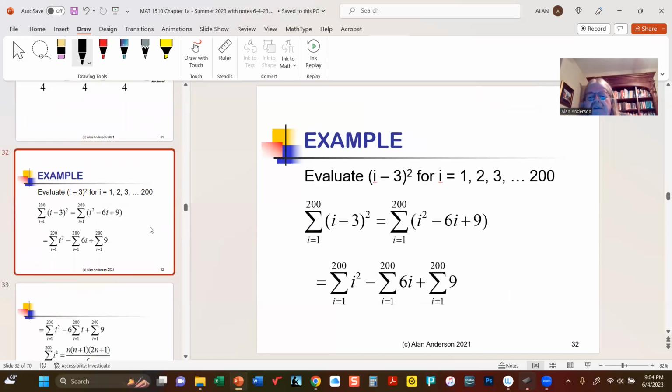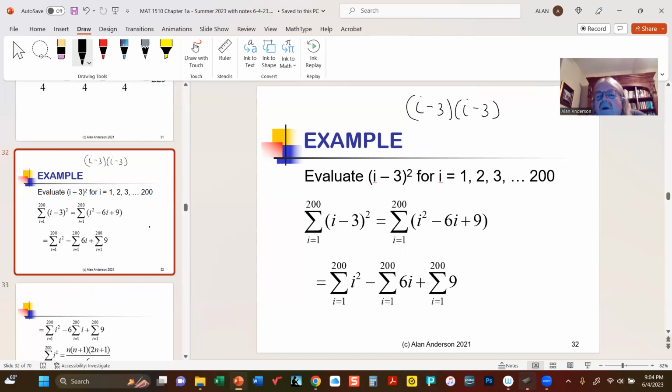Now, this is interesting. Look what you can do. And again, this could potentially come in handy if you have an unusually messy expression that you have to add. What's been happening here is that i minus 3 squared, you can multiply that out.